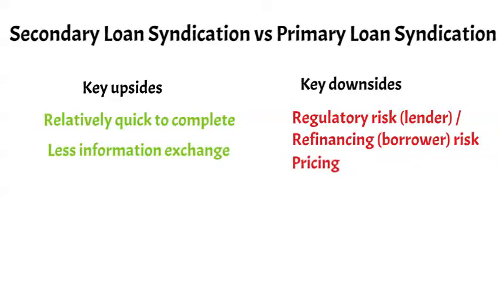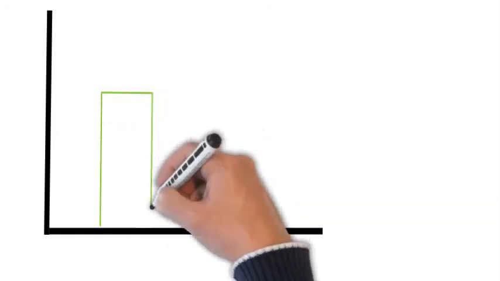Even though this worse pricing will be partially offset by savings on the arranger fees that would need to be paid to arrangers in primary loan syndication scenario, all things considered, pricing in case of secondary loan syndication would normally be substantially worse than the pricing that could have been achieved by primary syndication.